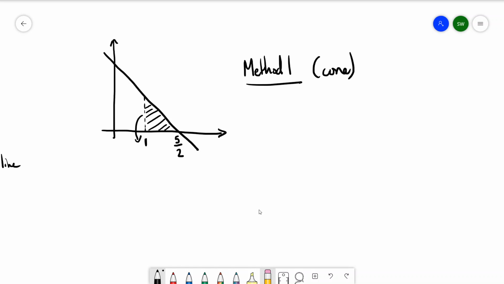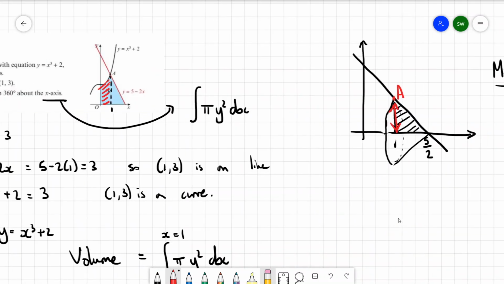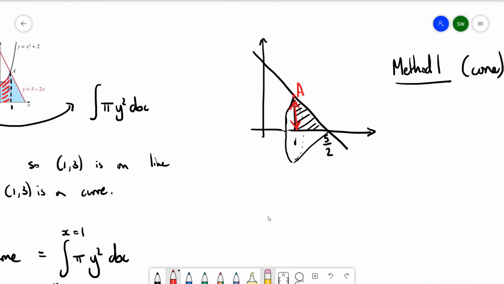So if you imagine the cone, you're going to get a cone that looks something like that, and the radius of the cone is going to be that length there. Let me do it in red so you can see it, and that's just going to be the y-coordinate of this point A. So the y-coordinate of A was 3, so the radius of this cone is going to be 3.